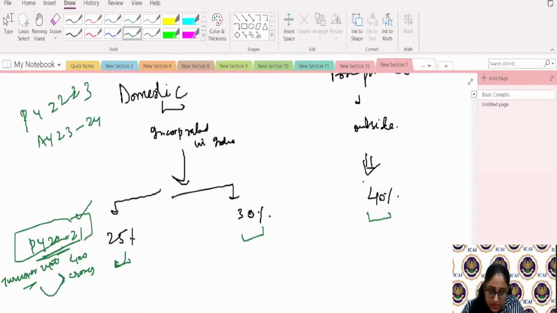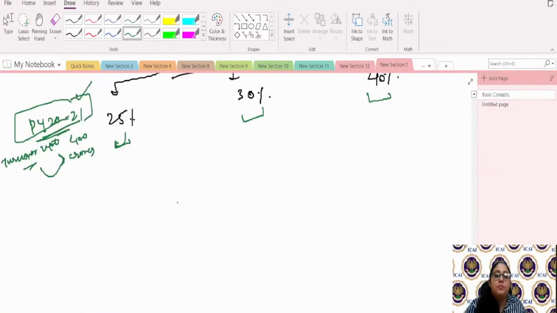And surcharge, yes, surcharge is here. Here also surcharge is not much, it's simple, for domestic company and foreign company. If the income is up to 1 crore, no surcharge.